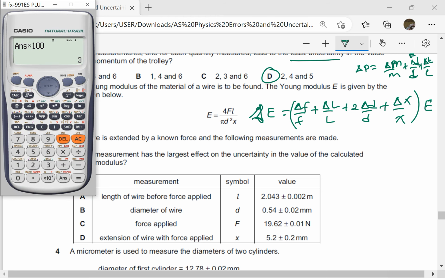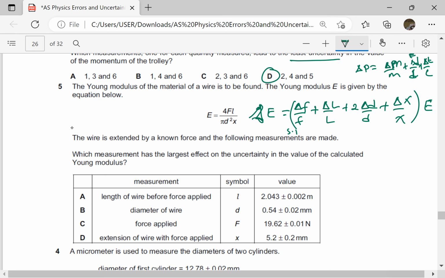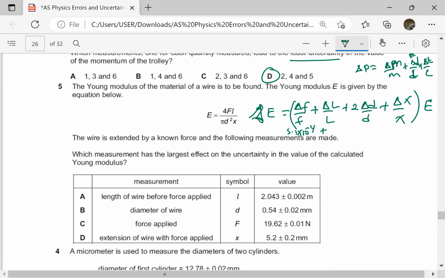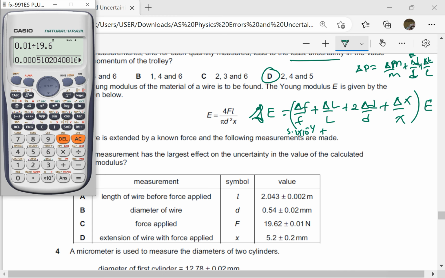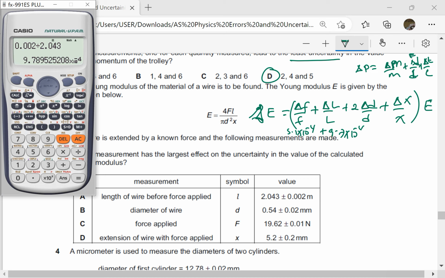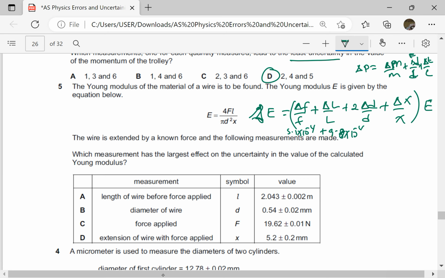Let's just check the fractions. For F, 0.01 divided by 19.6. So that is 5.1 times 10 power negative 4. Then plus for L. For L it is 0.002 divided by 2.043, which is 9.7 times 10 power negative 4. Actually it is 9.8 times 10 power negative 4.